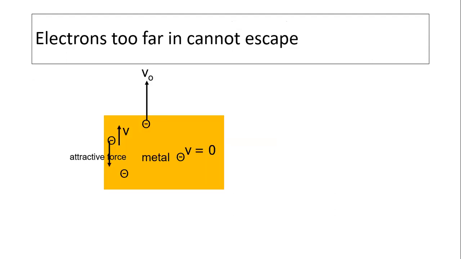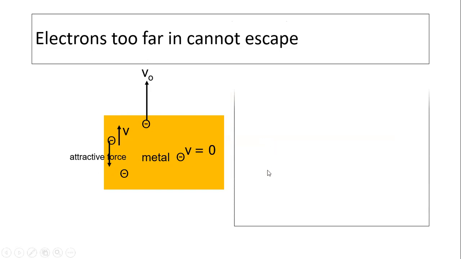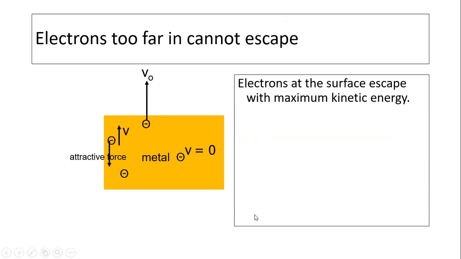Okay. This diagram just shows you there's an attractive resultant force pulling in. That's the velocity. So it has to be slowed down before it escapes. So the further in, the smaller will be the velocity. Nearer to the surface, the greater will be the velocity or kinetic energy. Electron at the surface escapes with maximum kinetic energy because there's nothing to stop it.